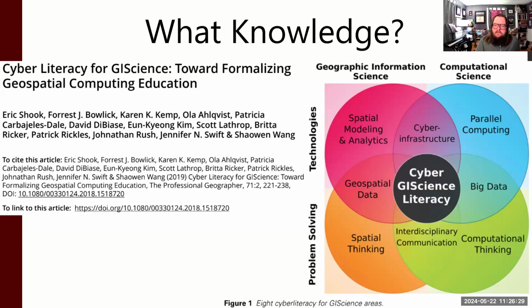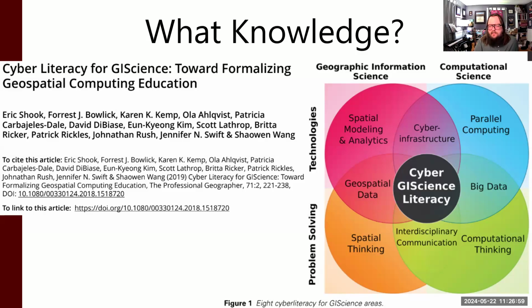And so we thought through and said, okay, if we think of this on a couple of different axes of cyber literacy of GI science, we probably have two columns, let's say, of GIS and computational science. Those are two areas that we know are going to be working together. Then we have technologies as one row, the stuff that we're working with data in, and so on and so forth. And then we have problem solving methods.